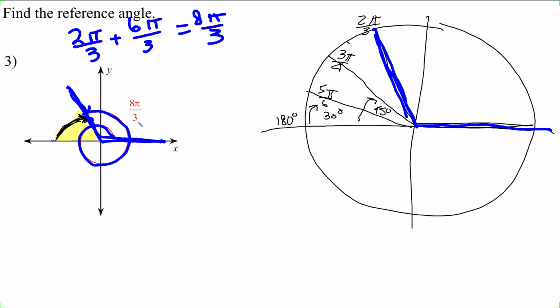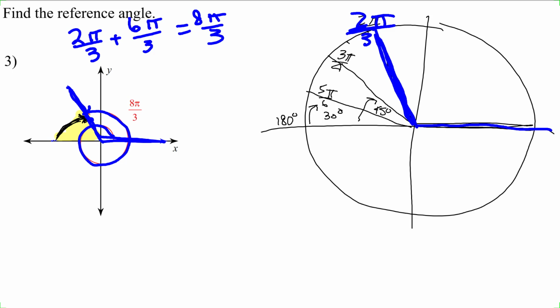So if 3 is in the denominator, that should give you the clue that we're talking about coterminal angles. That's why it's important to understand the idea of coterminal. Because really you just have to look at the unit circle and say, okay, 8 pi thirds and 2 pi thirds are the same.